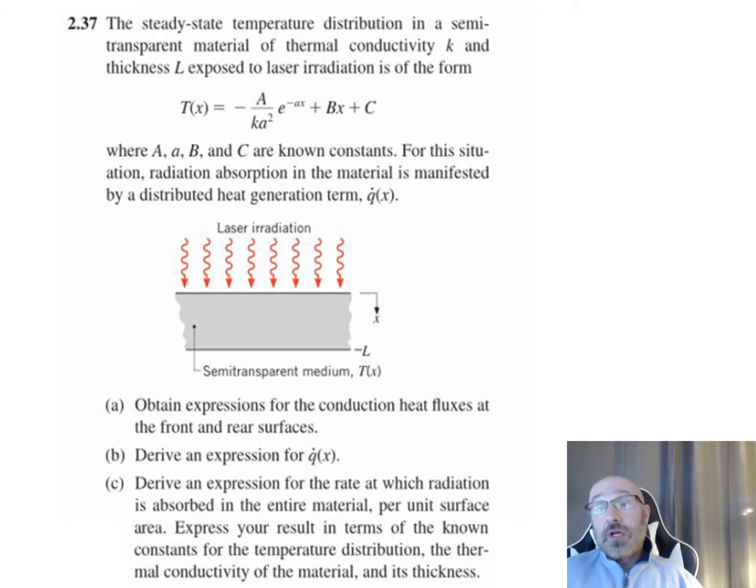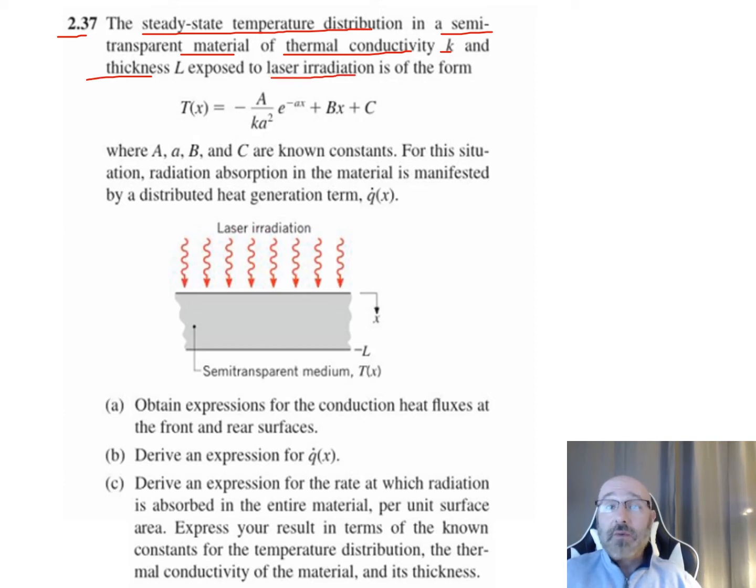So let's take a look at problem number 2.37 from our textbook. In this problem, they tell us that we have a steady state temperature distribution in a semi-transparent material, with thermal conductivity K and thickness L, exposed to laser irradiation.